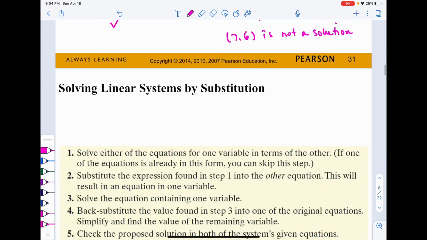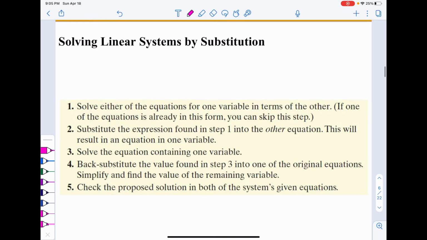All right, let's take a look at how we solve by substitution, or a recall of how we solve by substitution. So step number 1 says solve either of the equations for one variable in terms of the other. It says if one of the equations is already in this form, you can skip this step. In other words, you are looking for an x equals or a y equals, and it doesn't matter which one it is. You want one variable solved for itself.